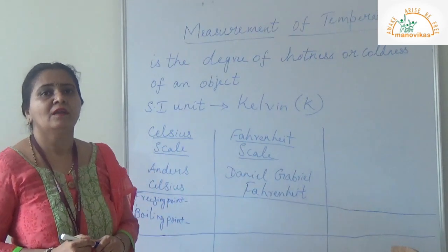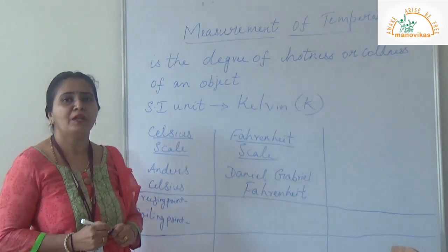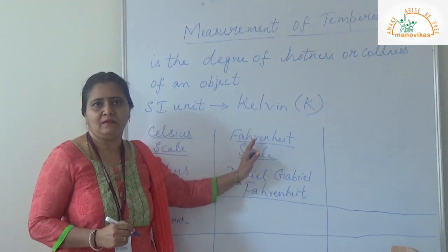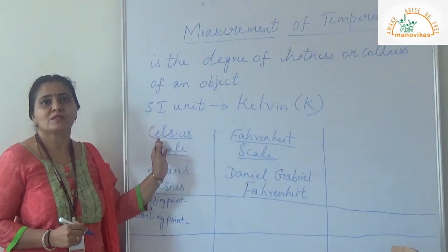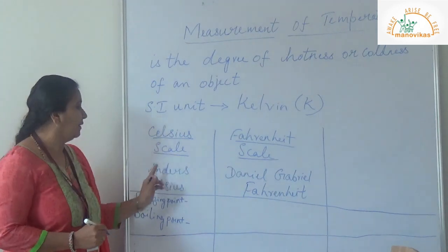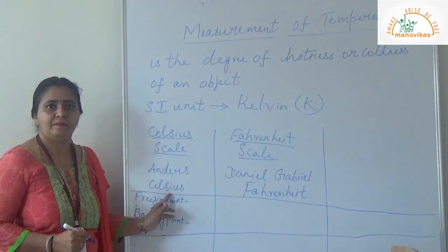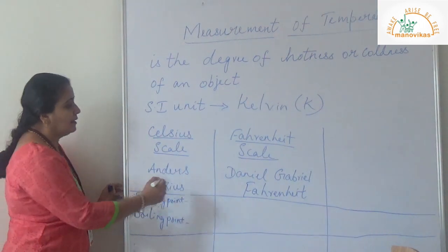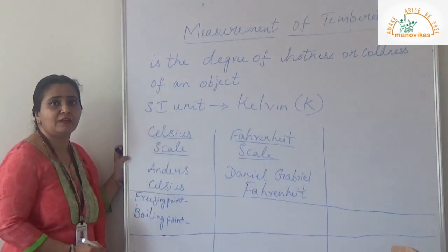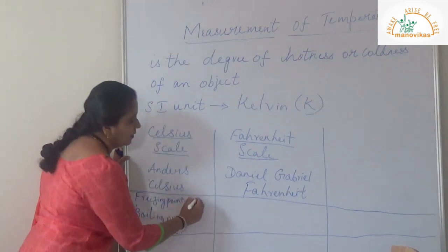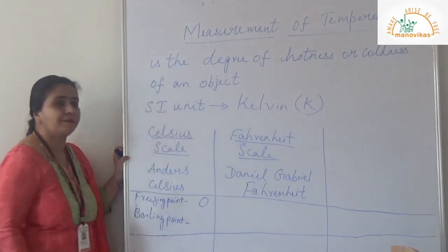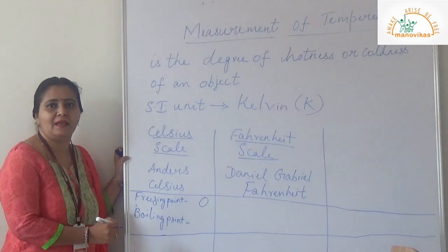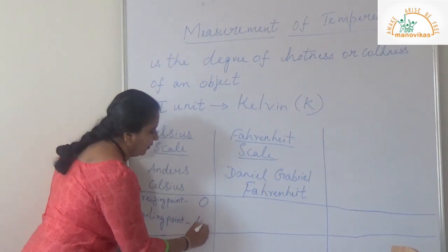Now let us see the two more commonly used units, that is the Celsius scale and the Fahrenheit scale. Celsius scale was introduced by Anders Celsius. The freezing point of water is taken as 0 in the Celsius scale, and the boiling point of water is taken as 100.